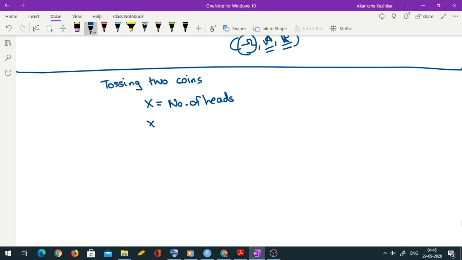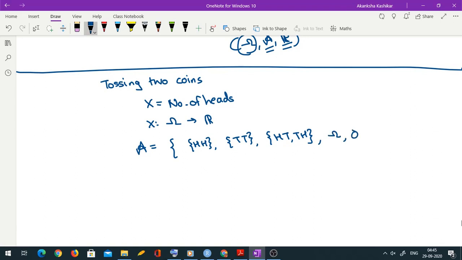So we saw that X is defined from Omega to R. Now let me bring in some script A. Suppose script A consists of HH, TT, and HT, TH, and of course Omega means all of them, and of course phi.